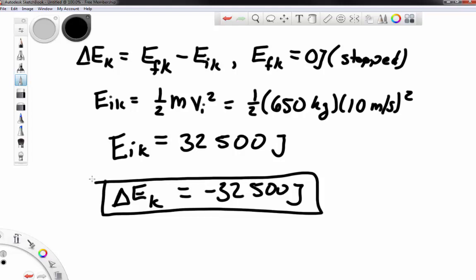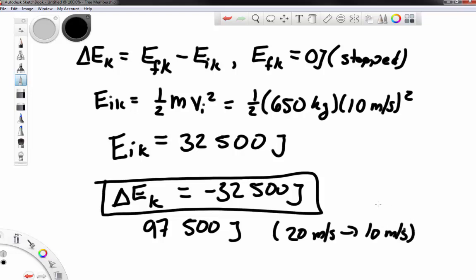The reason I included this example, especially on the tail of that last example, is that on the last example, we found how much energy was used up in slowing from 20 meters per second to 10 meters per second. Recall that that had been 97,500 joules. This one that we just found, 32,500, was from 10 meters per second to 0 meters per second.